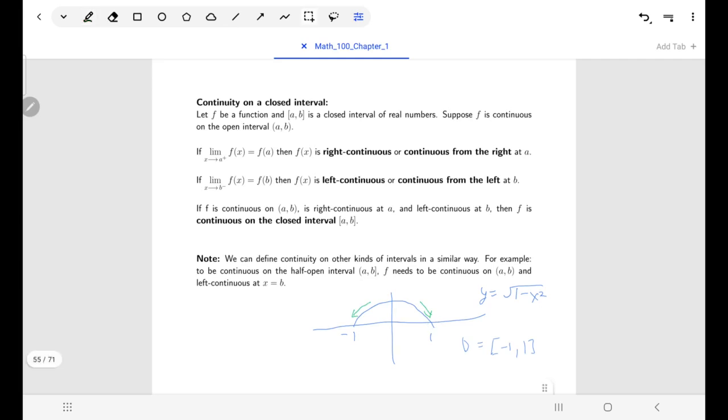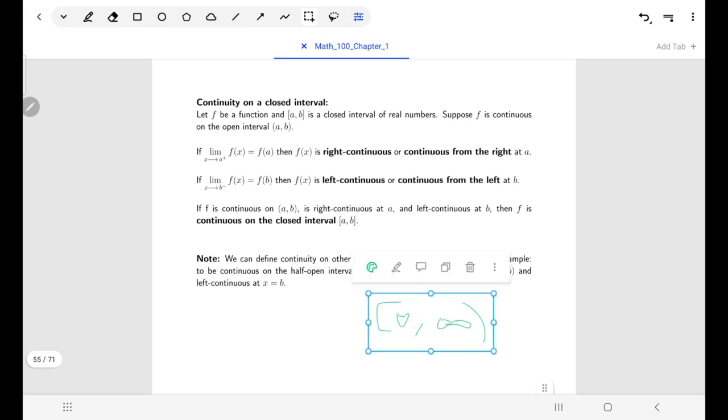You can also now do a similar sort of definition about being continuous on half open intervals. Something like the square root function, whose domain has one endpoint, 0, that it's including, but the other end is unbounded. So now you can talk about the square root function, for example, being continuous on that interval.